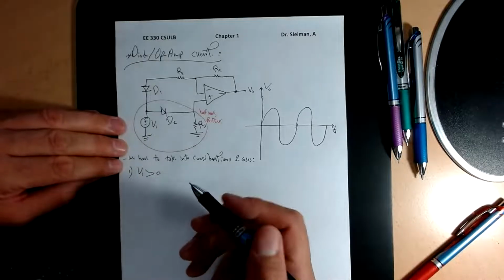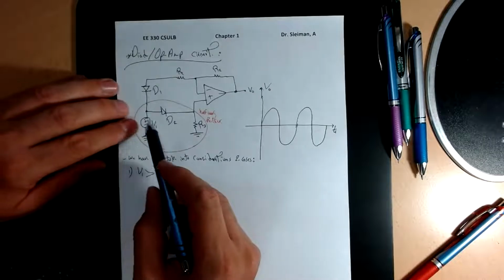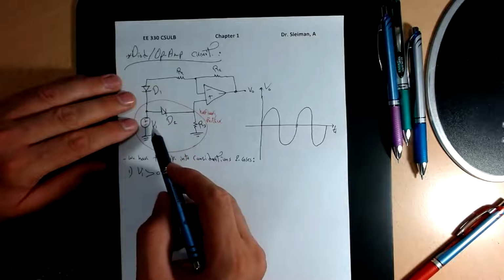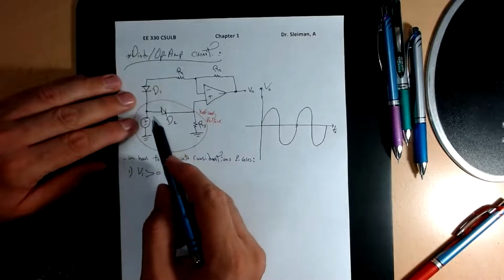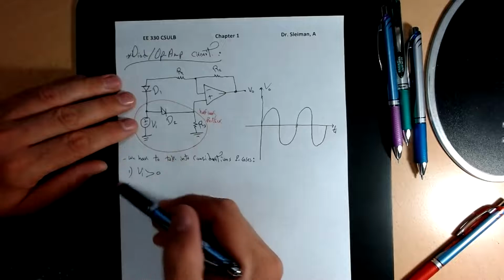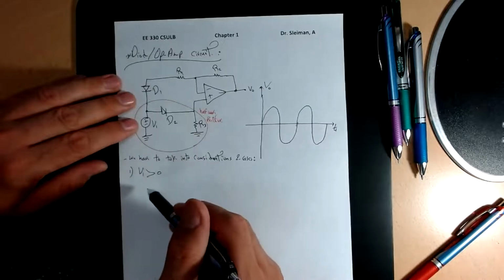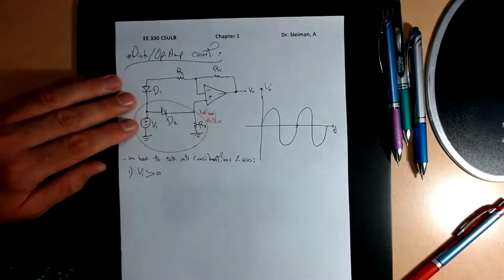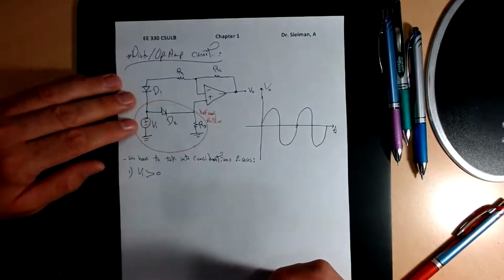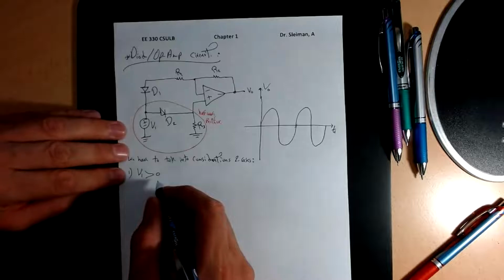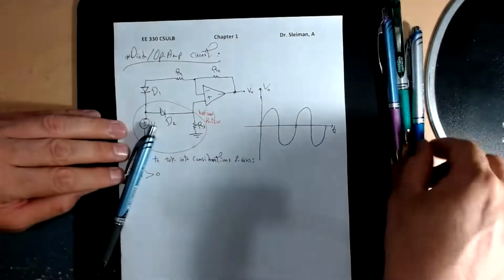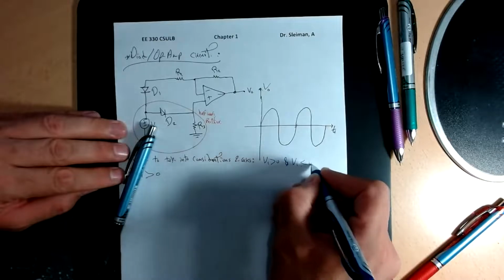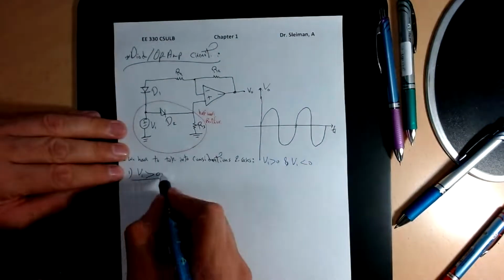Since this voltage is supplying this circuit with two diodes, when V1 is greater than 0, one of these diodes will be forward biased and the other one will be reverse biased. And when we have V1 less than 0, the situation is reversed. So for the two cases, I put in a different color, when V1 is greater than 0 and V1 is less than 0. We're going to start with the first one.